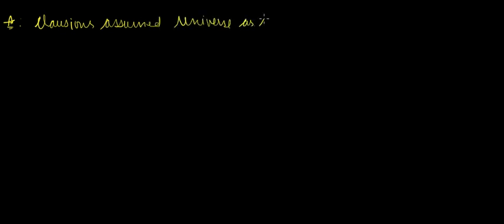So first of all, let me write that Clausius actually assumed the whole of the universe as the entire system. Clausius assumed the universe as an entire system, simply as a system.